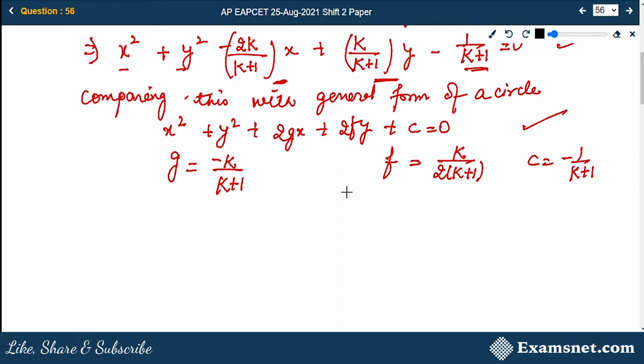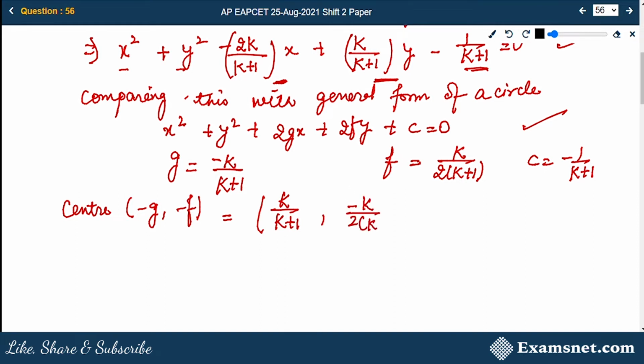These are the three values. You always know the center is given by minus g, minus f. So the center will be given by k upon k plus 1, minus k upon 2 into k plus 1. This is the center of this required circle.